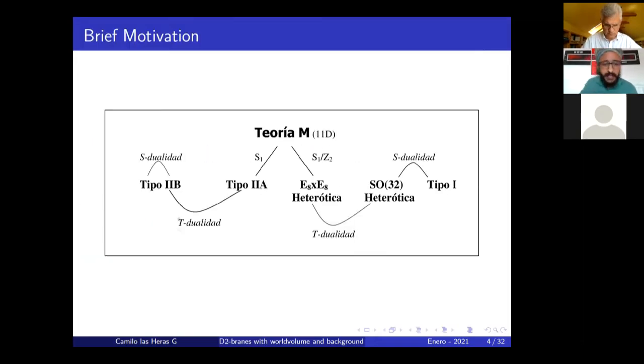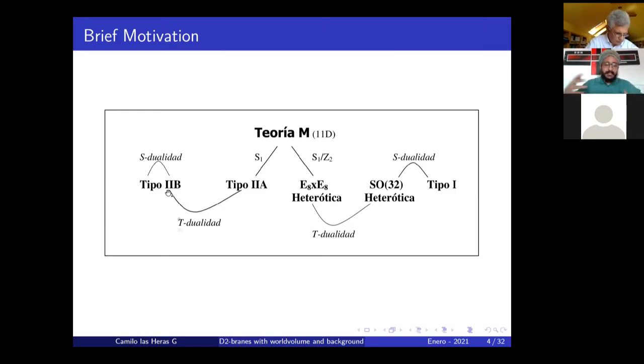So the brief motivation: it is known that there are 5 consistent superstring theories in 10 dimensions. They were thought at the beginning to be independent, but in the second superstring revolution in the mid-90s, the community found that these theories were not independent, but were related through dualities, in particular S-duality and T-duality.